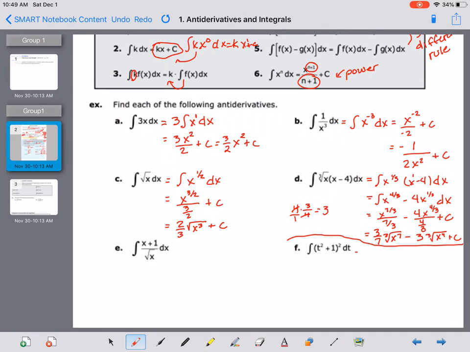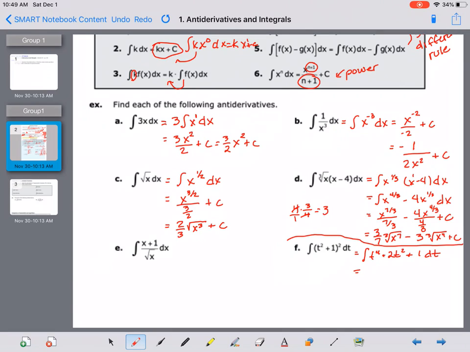So I could easily distribute out the x squared plus 1 times x squared plus 1. If I FOIL it out, I'm going to get t to the 4th plus 2t squared plus 1 dt. And then it's in power form and I can apply my power rule.